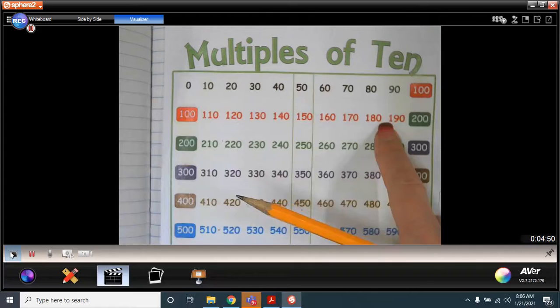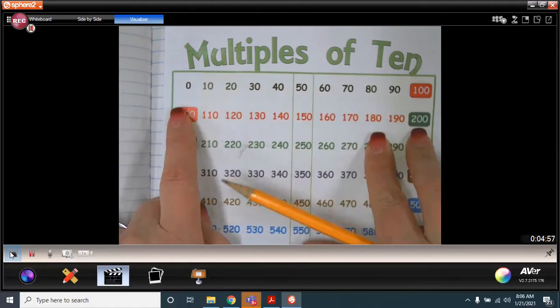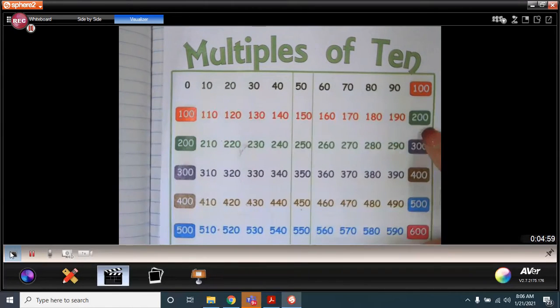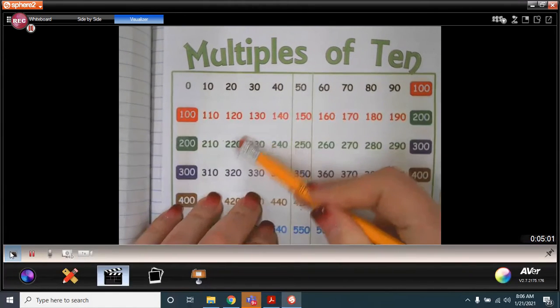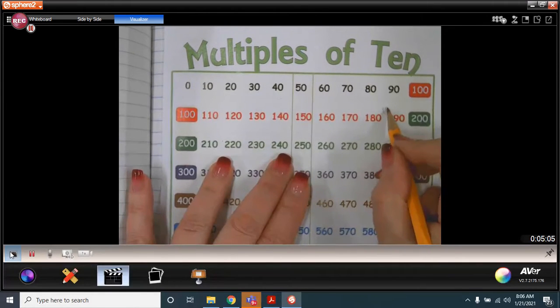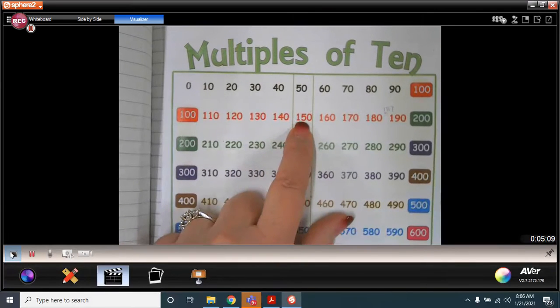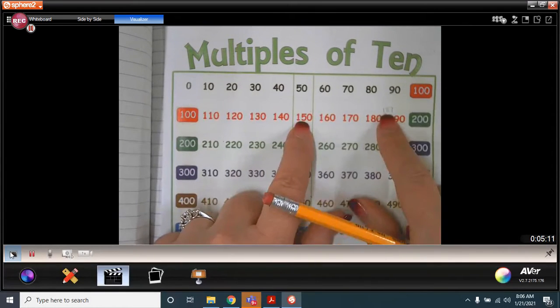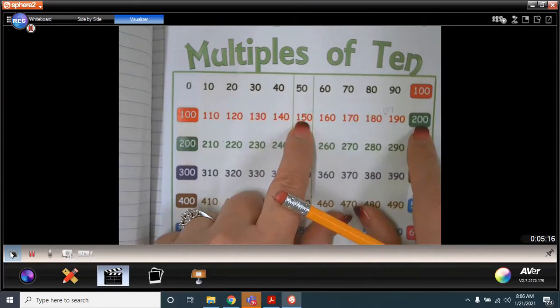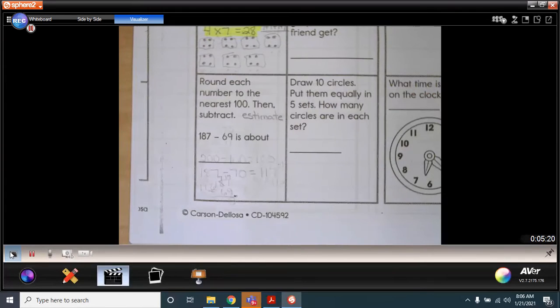But again, remember, we're not rounding to the closest 10, we're rounding to the closest 100. So we're either going to round it to 100 or we're going to round it to 200. So 187 would be right around here. We know that since it's past the 50, the 80 is past the 50, we are going to round it up to 200. So let's go ahead and write that down.